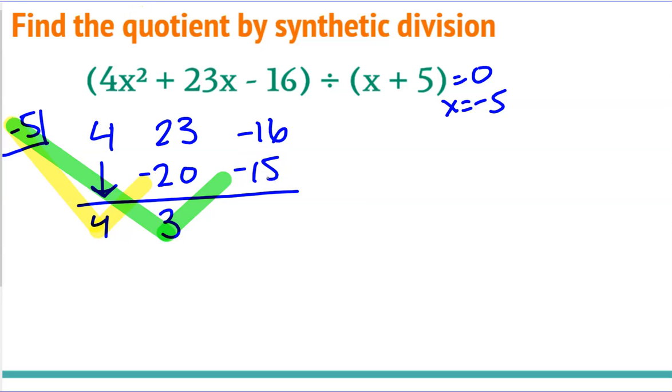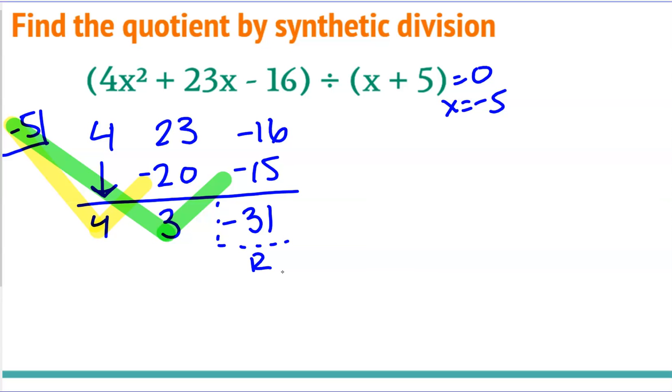Making sure I did all my stuff right. 4. Yeah, I'm good. Okay. When I subtract here, that gives me what? Negative 31. All right. That is our remainder this time.